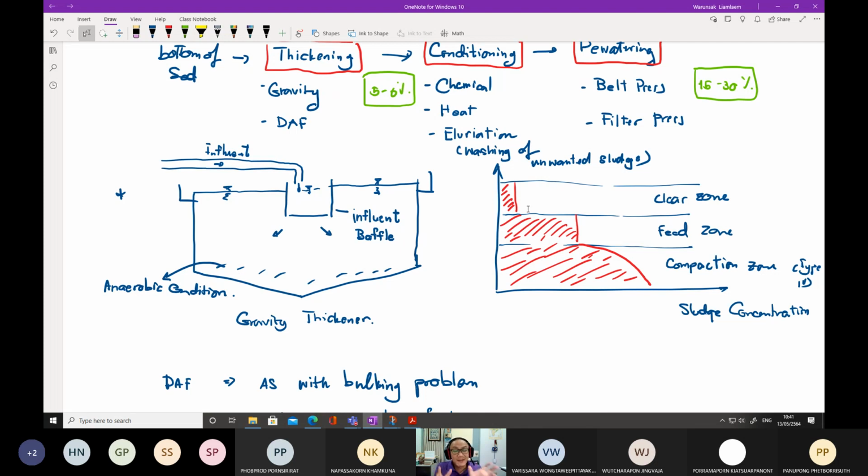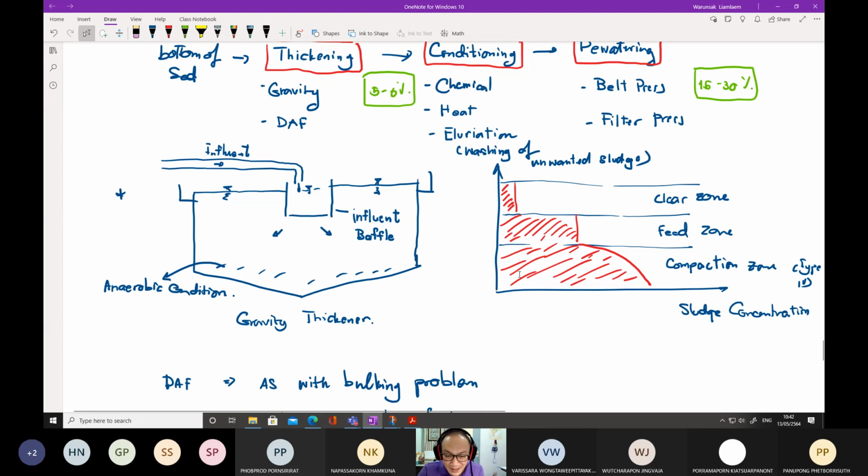As shown in the figure, we never achieve almost zero in the clear zone in sludge treatment and management. Below the influent buffer is called the feed zone, where the sludge concentration increases.